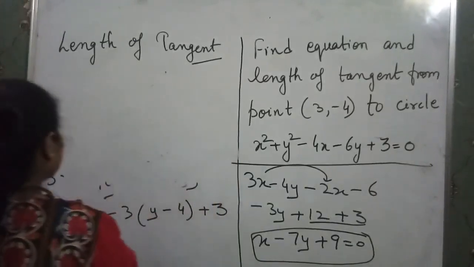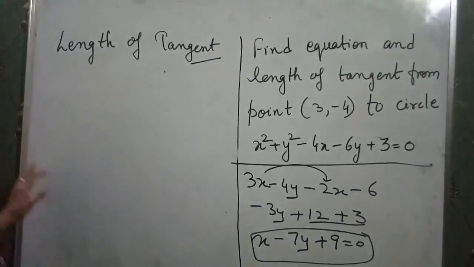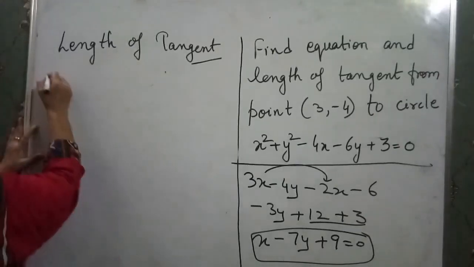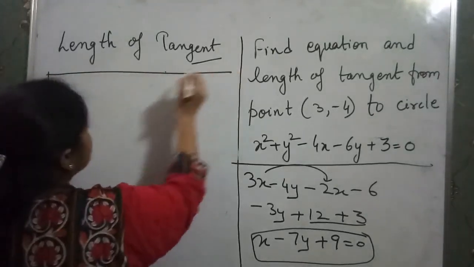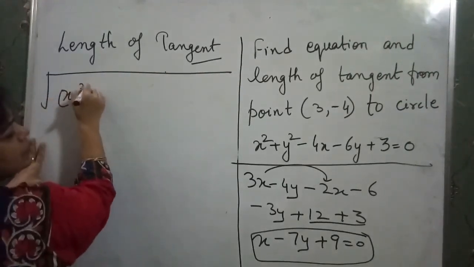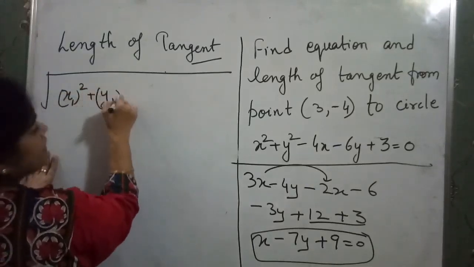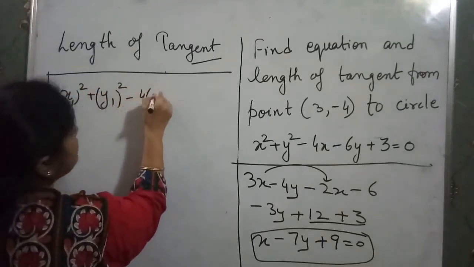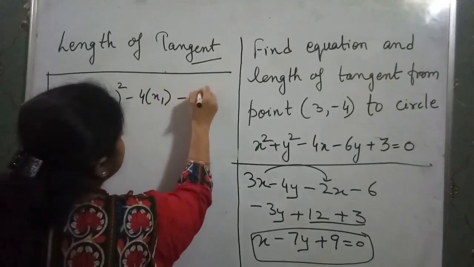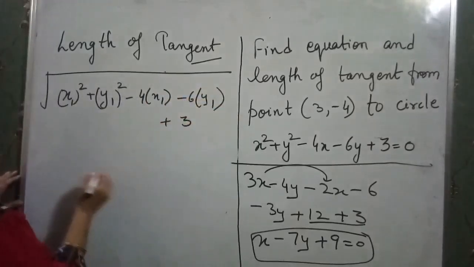For the length of tangent, just take the square root of the equation of the circle, putting the values of the coordinates. We just take the square root of everything. Clear? We just write it in this way and we get the length of the tangent.